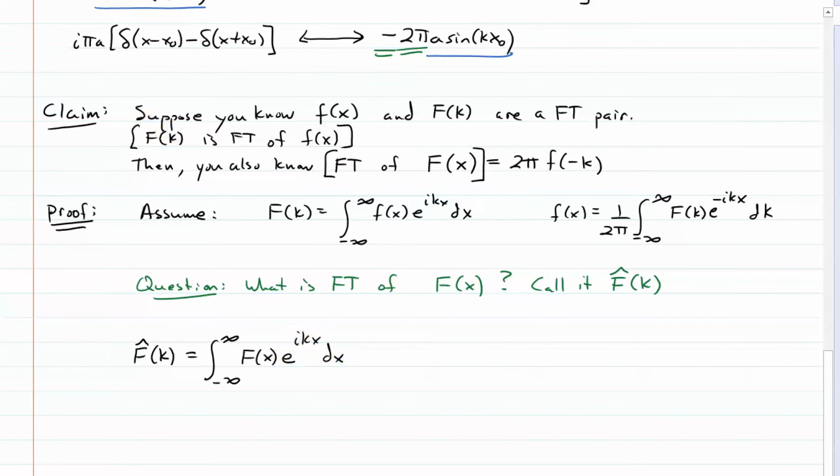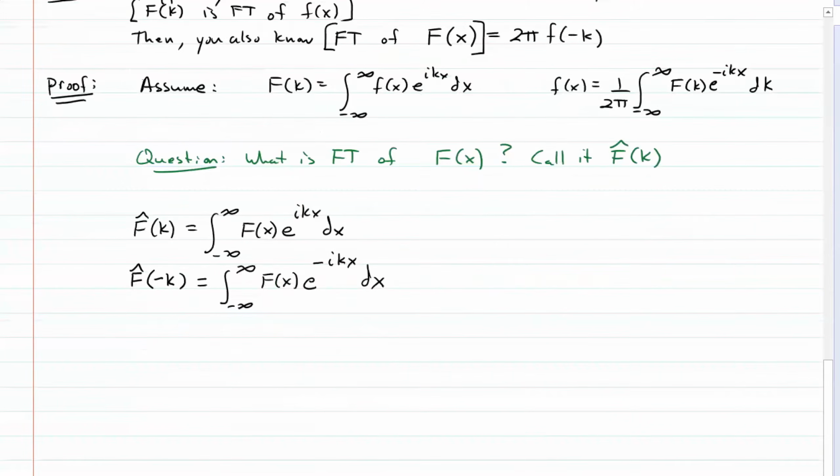So far so good. Now let me change the argument to minus k. So what is F hat of minus k? It's the integral from minus infinity to infinity of F of x, e, now the sign in the exponent will change, e to the minus i k x dx.